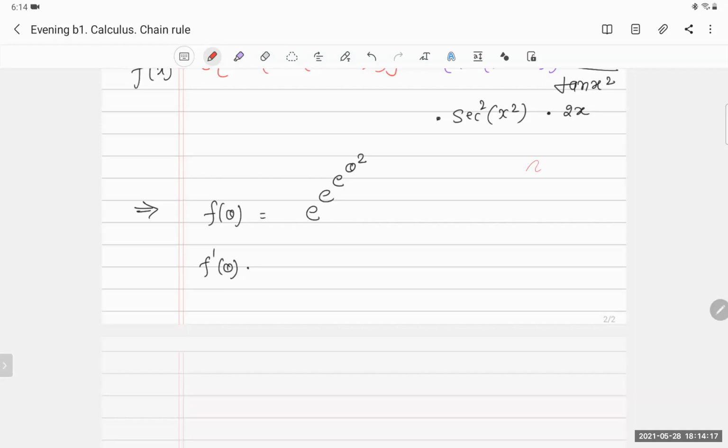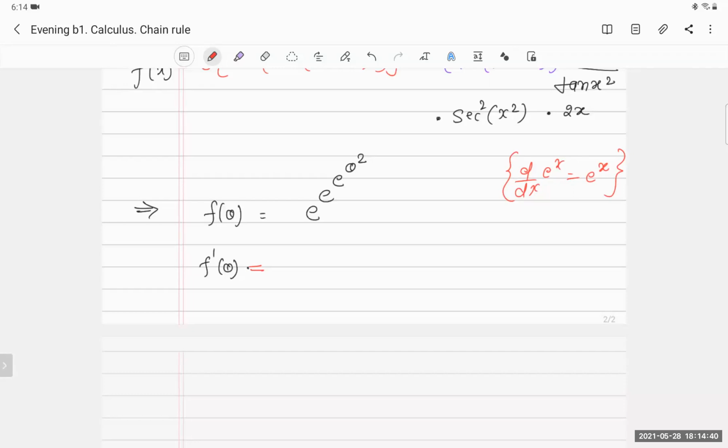You should remember only one thing, that d by dx of e to the power x is e to the power x. So sir, it will be e to the power theta square dot e to the power theta square dot 2 theta.